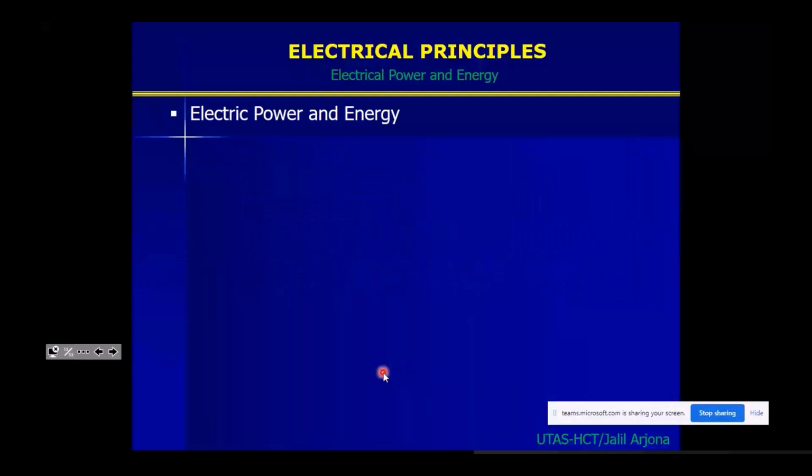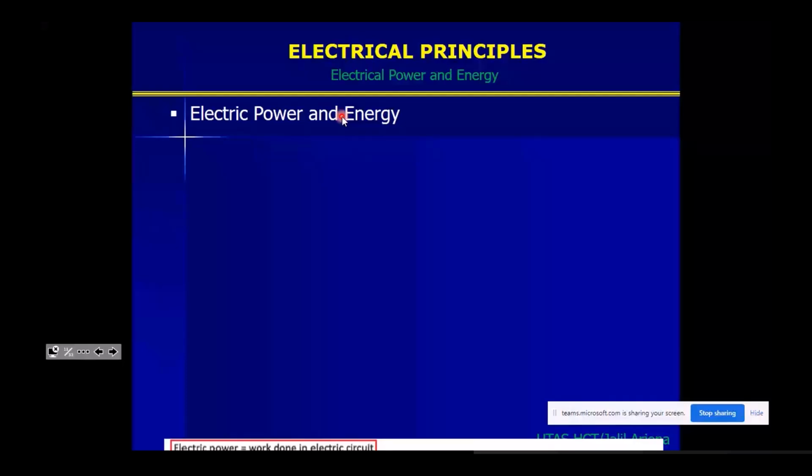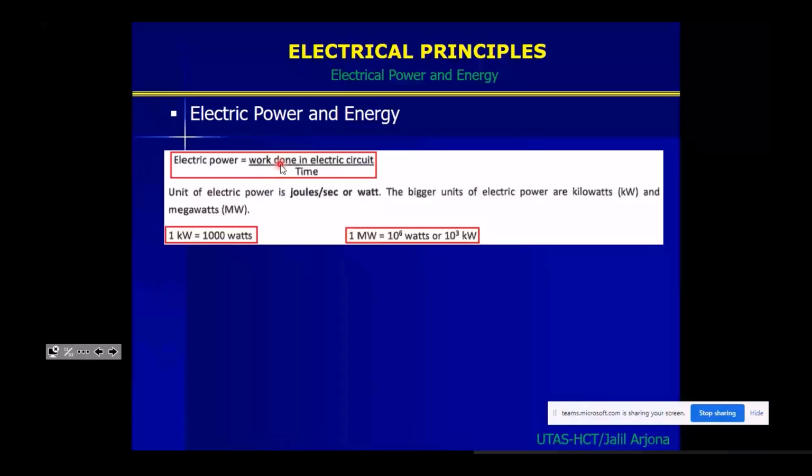Since there are movements of electrons, and electrons are working, or there are activities in the circuit, it generates power. It has work involved. So there is electric power and energy. Electric power is the amount of work done in an electric circuit. This is in joules over time, where the time is in seconds.